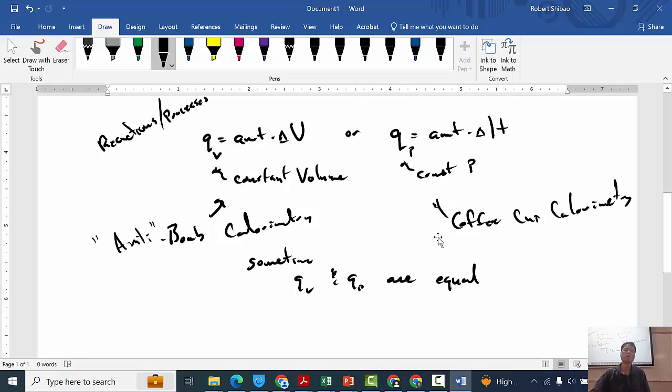No. And so for our lab, QP and QV are the same. But technically, when we're dealing with a QV, the amount of energy associated with that is delta U, the change in internal energy. However, when we're dealing at constant pressure, we use a different symbol for this. We use delta H. Delta H is the energy change associated with things at constant pressure.